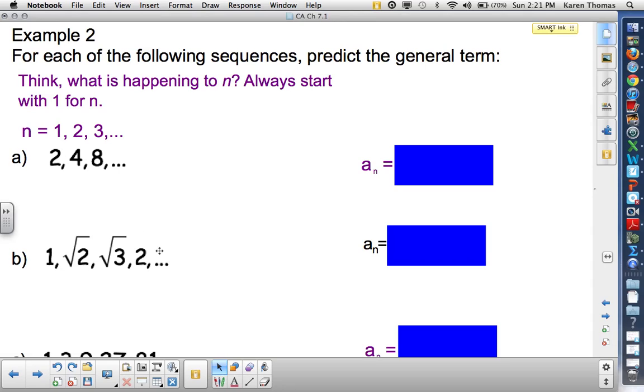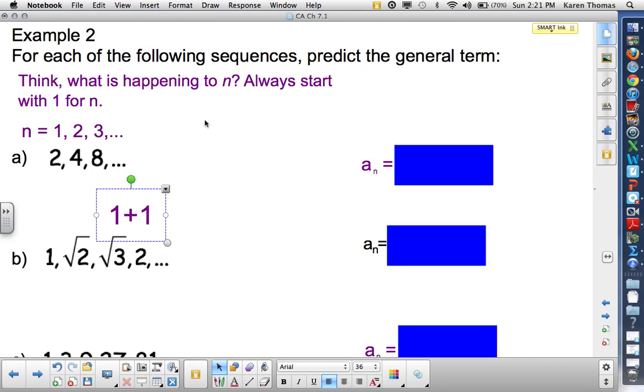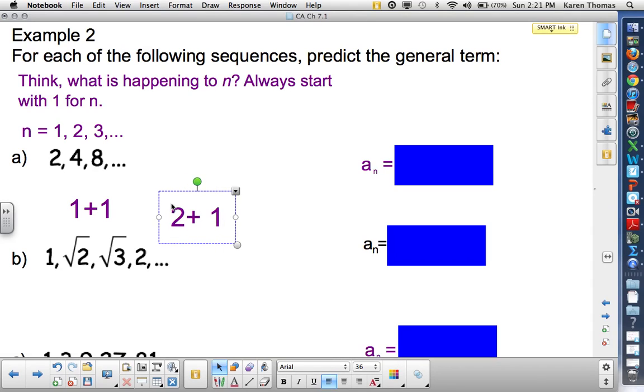If I had a sub n and I did something to 1 to get 2, well, I can think of, perhaps, 1 plus 1, and that would work, and that would give me 2. But would 2 plus 1 work?